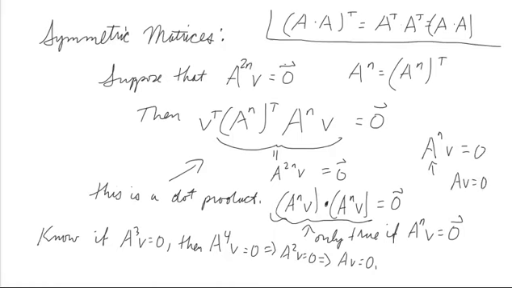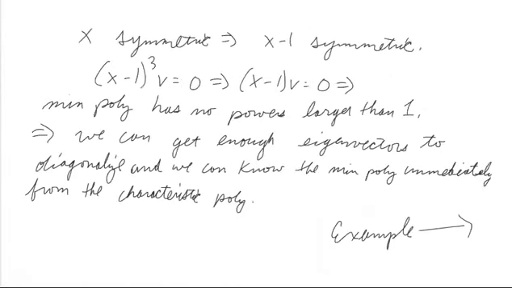This is useful when we're thinking about diagonalizability, because what if our matrix represented as x is symmetric? That means, for instance, a linear factor like x minus 1 would be symmetric, because you take a symmetric matrix and you subtract something down the diagonal, that's still symmetric.